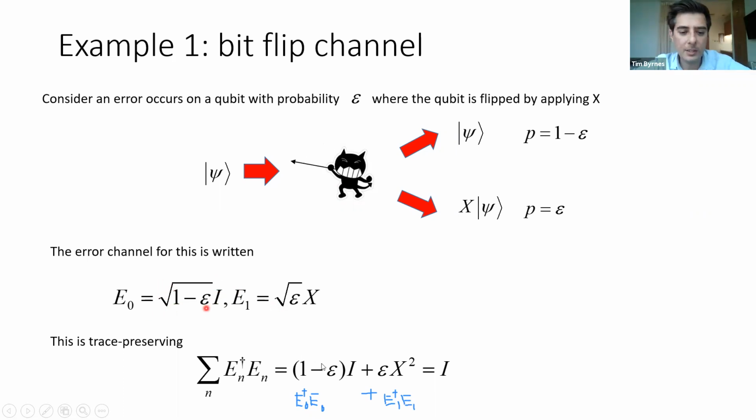This square root factor is there such that when you add these two things here, and because x squared, this thing here, is actually equal to identity. You can tell that because x is 0, 1, 1, 0, and if you square this, it's equal to identity.